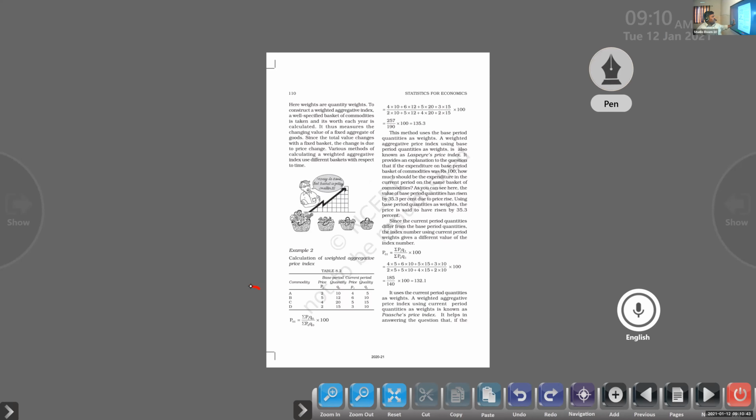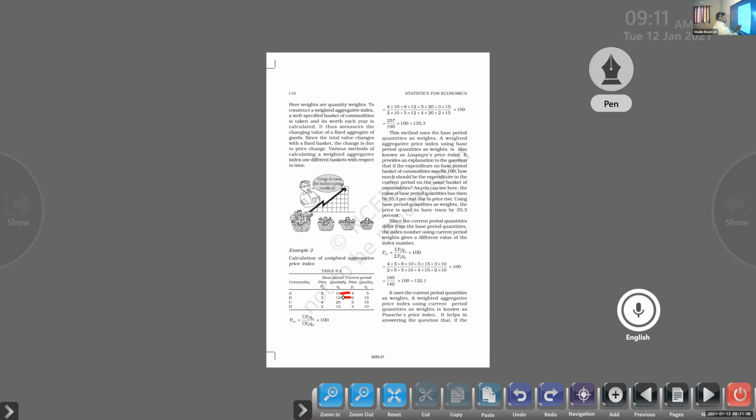Okay, now the equation is here: P01 is equal to sigma P1 Q0 divided by sigma P0 Q0, multiplied by 100. Okay. Clear? So do it. Here, sigma P1 Q0.